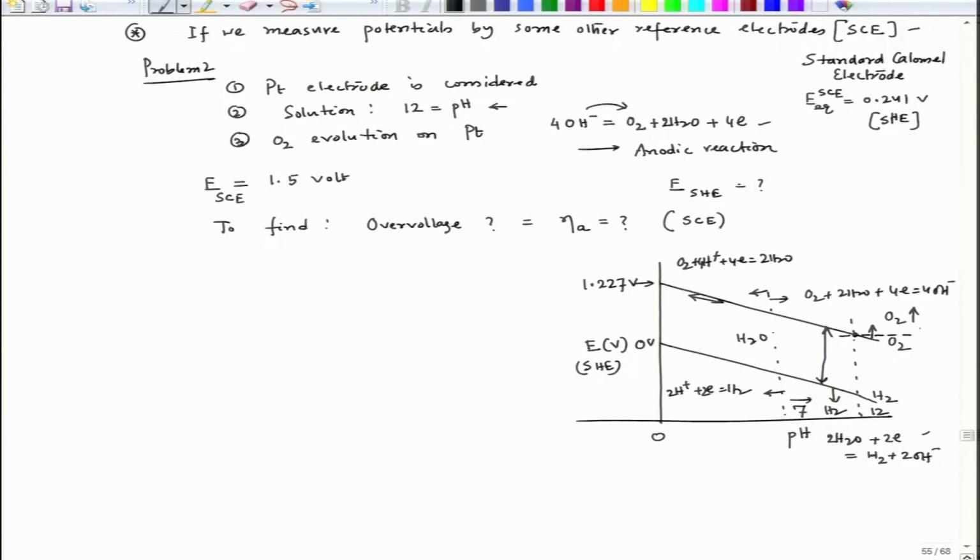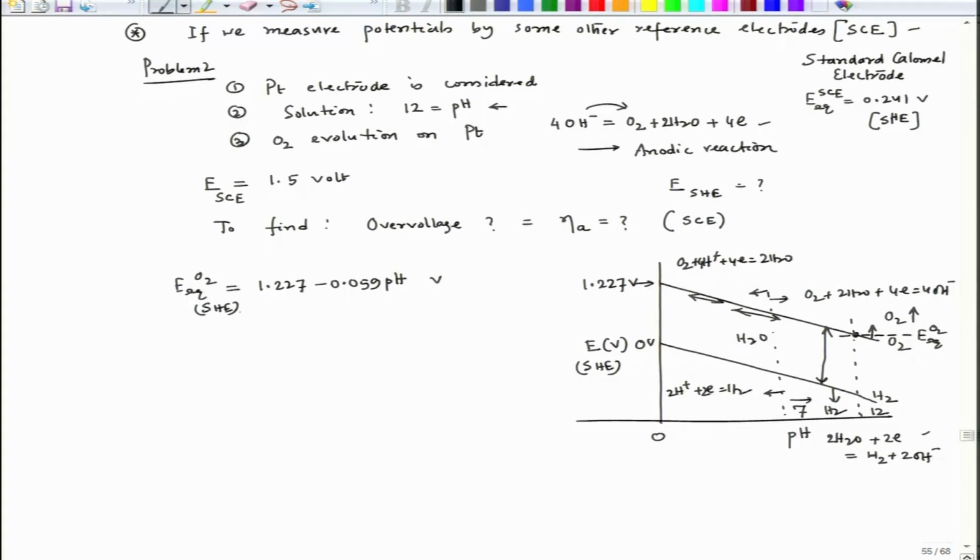This is going to be my E equilibrium for the O2 reaction. We know the equation governing this line, which is 1.227 minus 0.059 pH. This is the equation that will tell me the point here. This is in volt, and remember this is with reference to the standard hydrogen electrode.